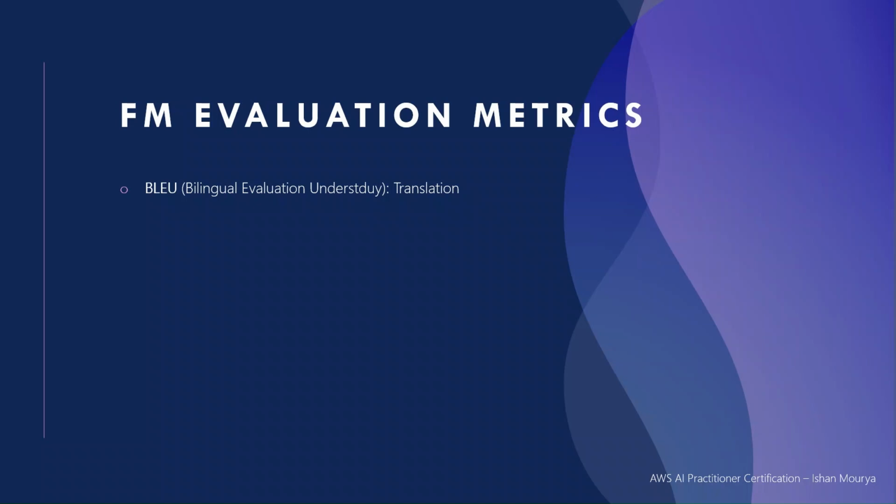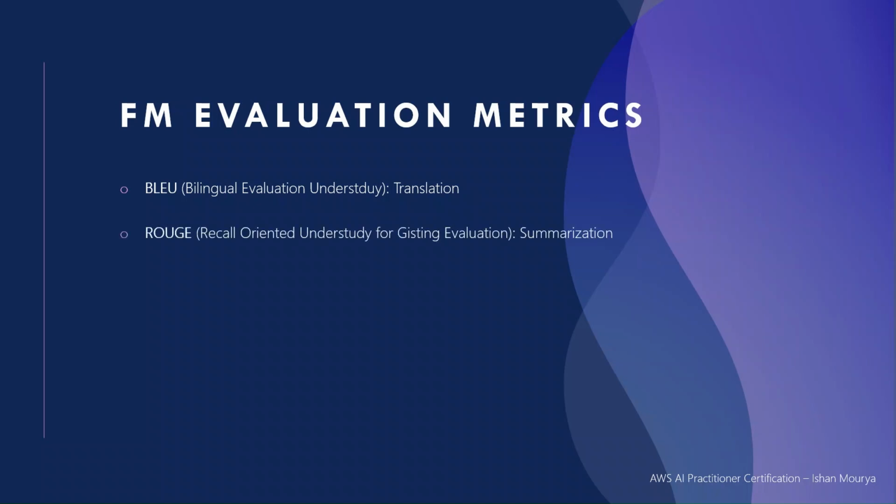So we have a comparison between both. BLEU does this comparison between the human output and the model's output, and then gives a score on how much it matches. BLEU is specifically for translation. It can evaluate some other things, but mostly it's used for translation only.